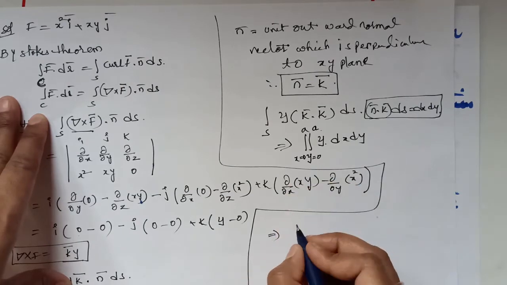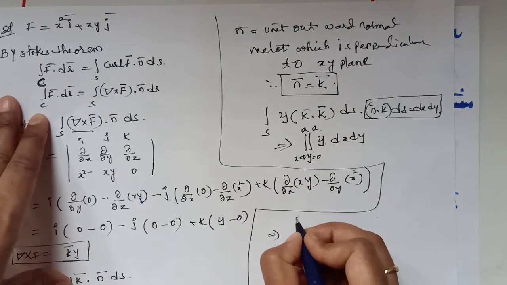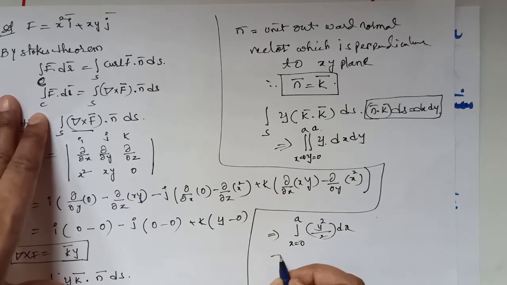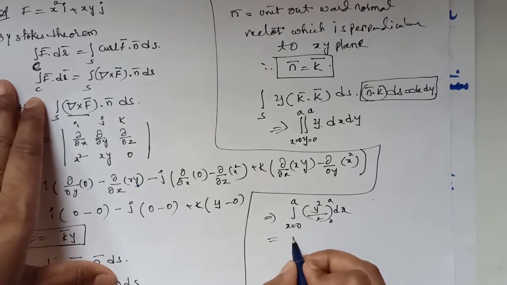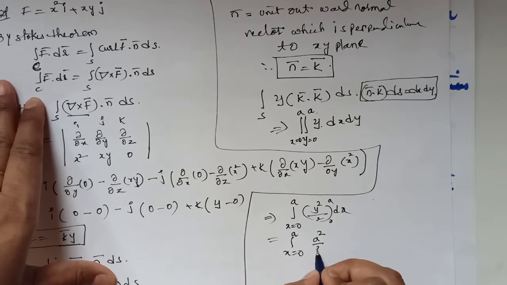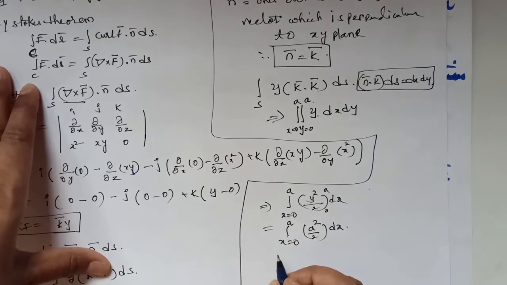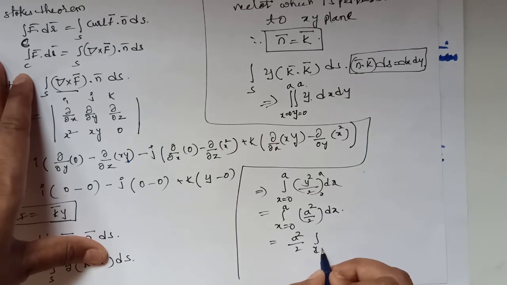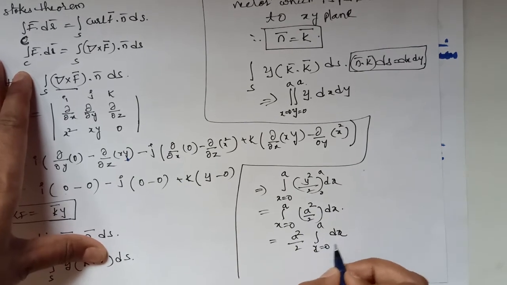Now if I integrate, integral x is equal to 0 to a, y square by 2 into dx. Limits are from 0 to a. Now apply the limits. Integral x is equal to 0 to a, a square by 2 into dx. a square by 2 is a constant, integral x is equal to 0 to a dx.